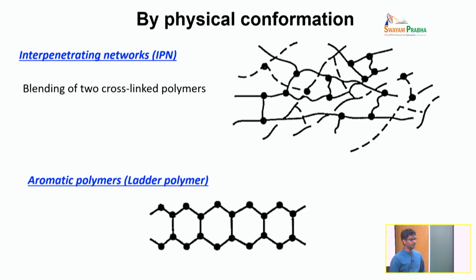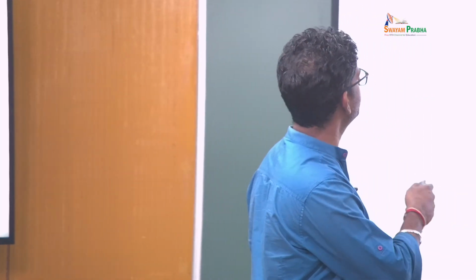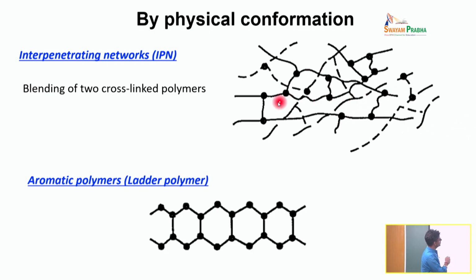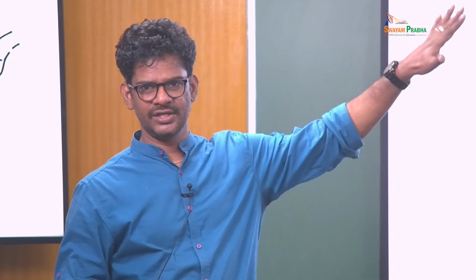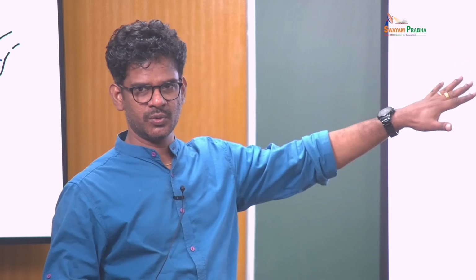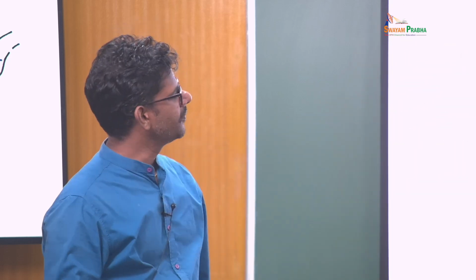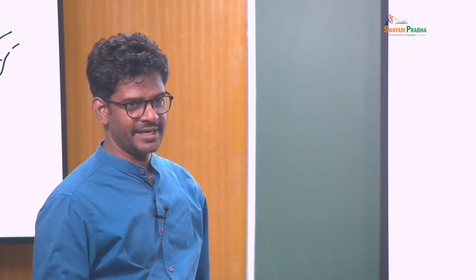There are other newer polymers where we blend cross-linked polymers. When you have two or more cross-linked polymers, you can actually make an interpenetrating network. So, what you see here is there is a continuous line which represents a cross-linked polymer network. There is also in the background another one which is shown as a dash line, okay. There is a cross-linked polymer network shown in a dash line, and they both are actually interpenetrating, okay.